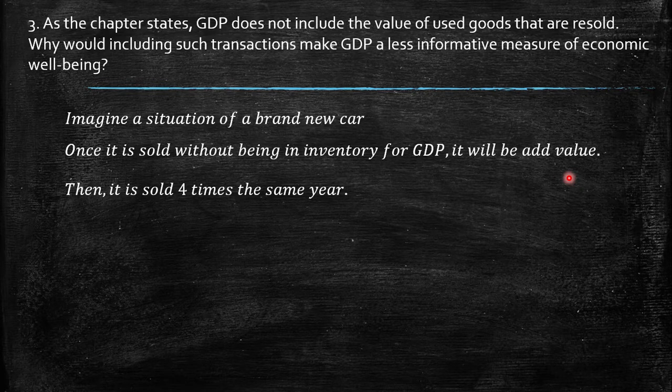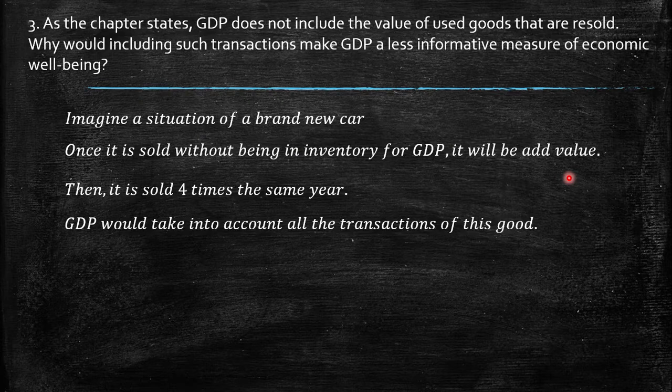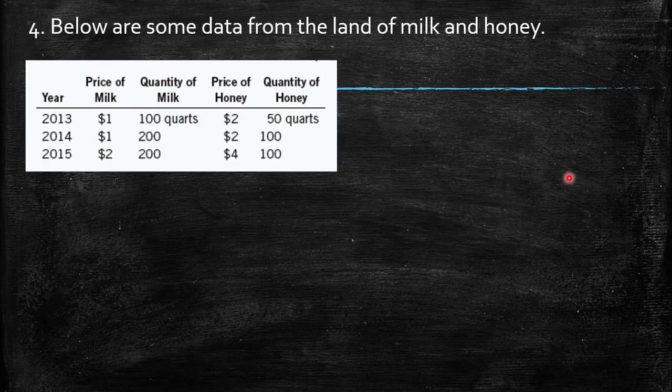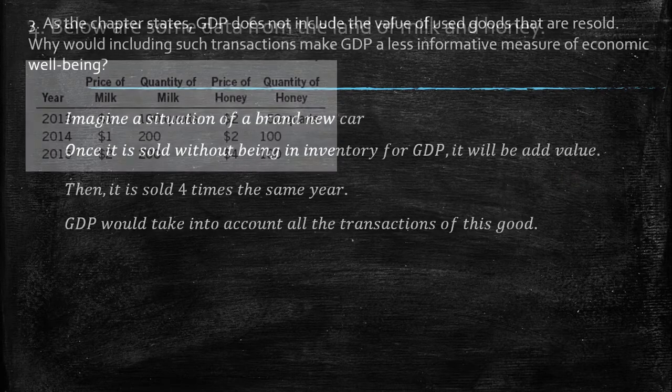Imagine that this is sold 4 times in the same year. If you count each transaction for the GDP, you are counting the same product 4 times. So you are adding more value to the GDP than actually exists.